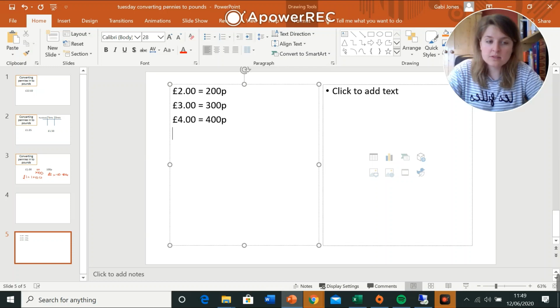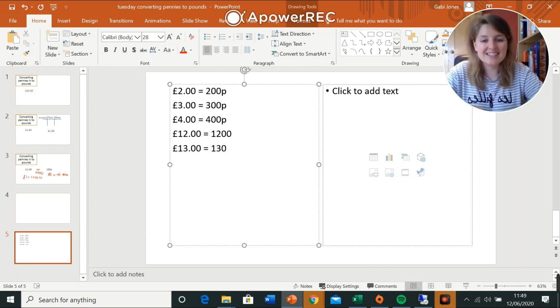And I know, slightly harder this time, that £12 is equal to 1,200 pennies. I know that £13 is equal to 1,300 pennies. And I know that £22 is equal to 2,200 pennies.